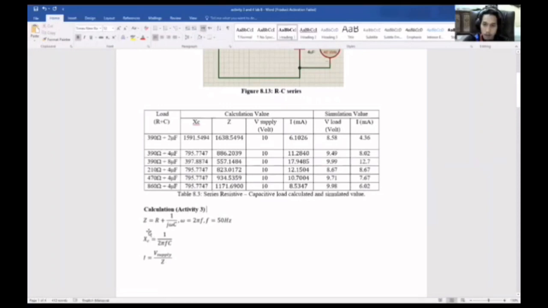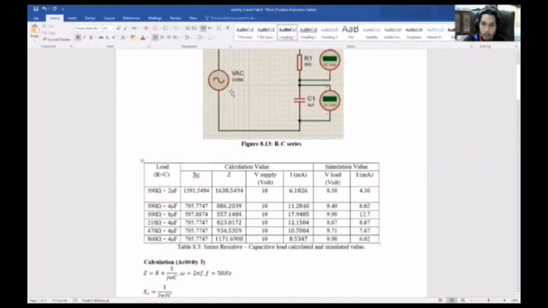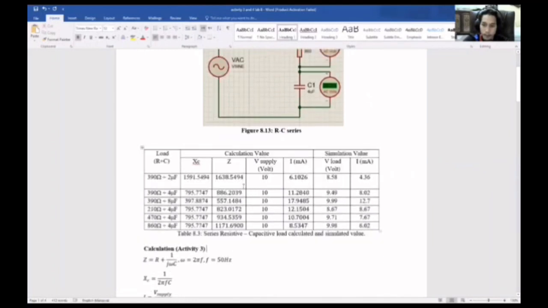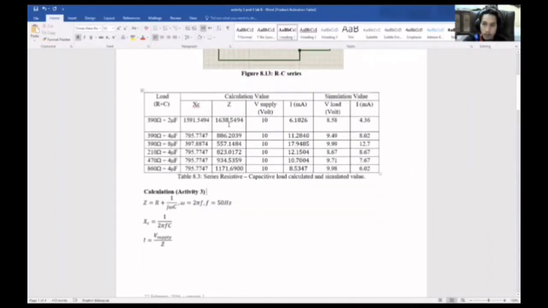For Z, we use the formula Z equals R plus 1 over jωC, where ω is 2πf, and the frequency is 50 Hertz, as we set in the supply. After we get the Z value, we find the XC using the formula XC equals 1 over 2πfC.